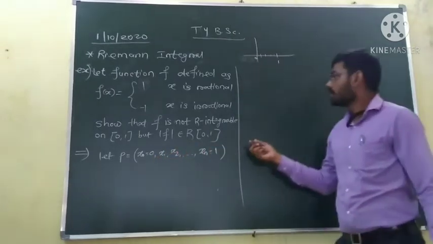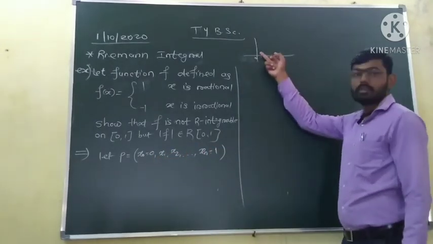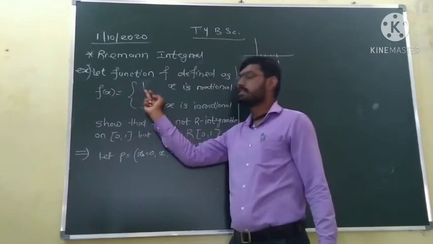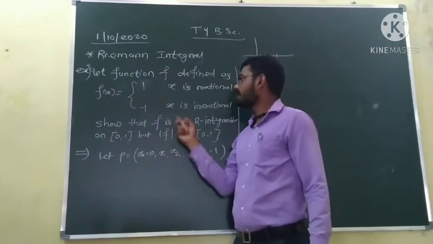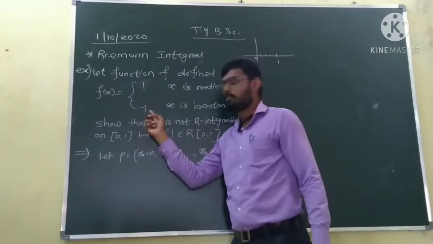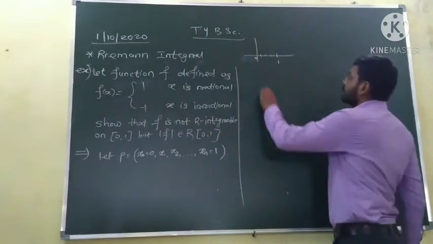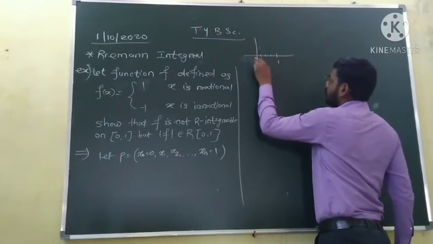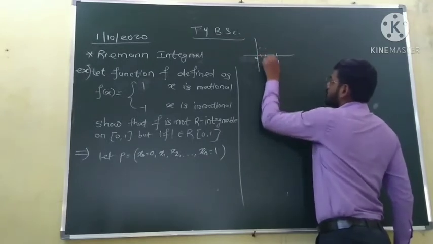So if the value of x is rational, the value of the function is 1. If the value of x is irrational, then the value of the function is minus 1. So our function takes either the value 1 or the value minus 1.